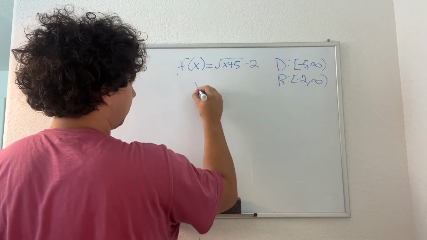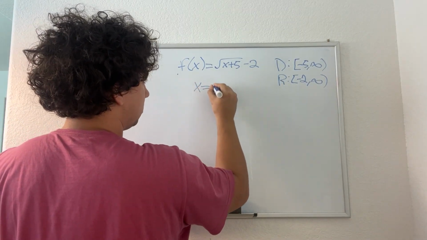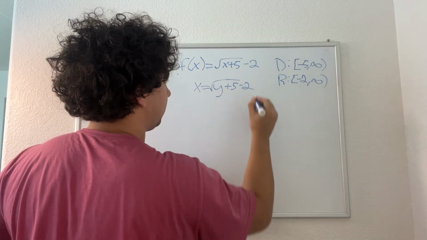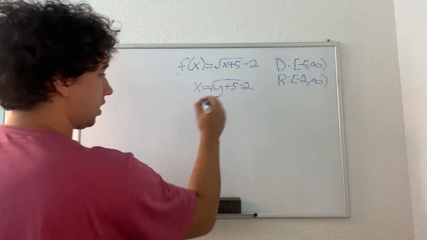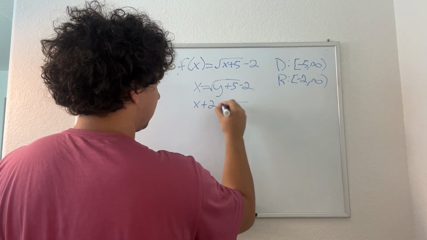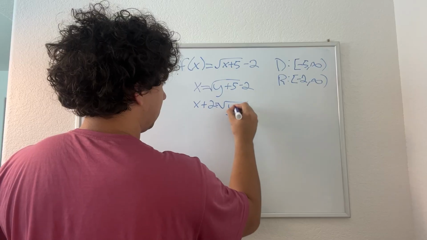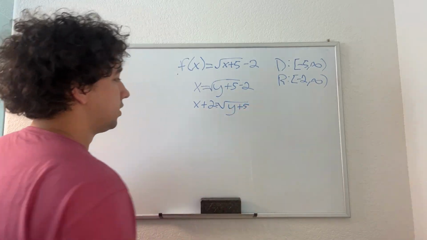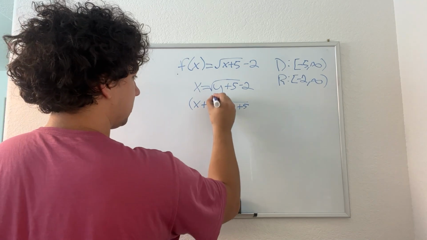Okay, so now I have to find the inverse. I'm going to flip-flop: x is equal to the square root of y plus 5, minus 2. I'm going to add 2 to both sides, so x plus 2 equals the square root of y plus 5. I'm going to square both sides.